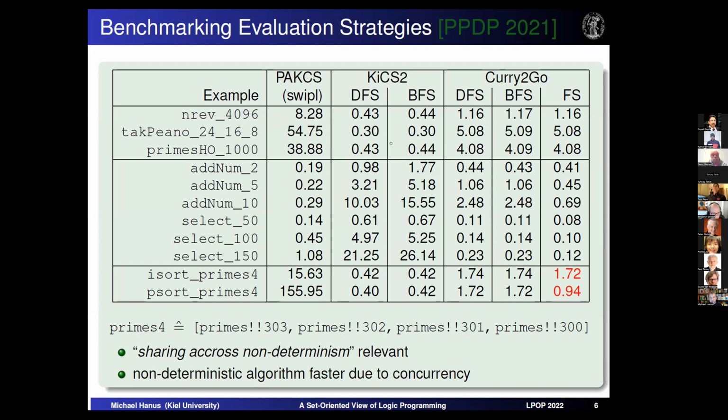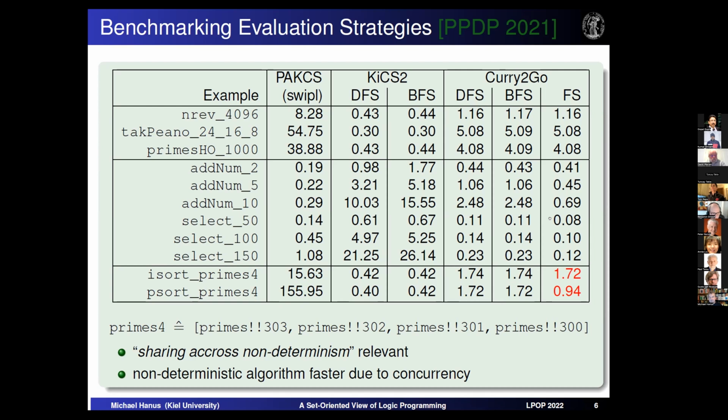This was the first implementation offering different search strategies. And our most recent implementation is Curry2Go, which compiles into Go, and it also offers backtracking, breadth first search, and fair search. And the fair search is implemented by compiling into Go routines, so it is also somehow parallel.